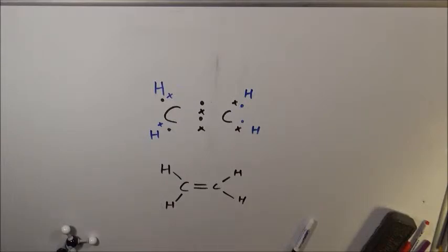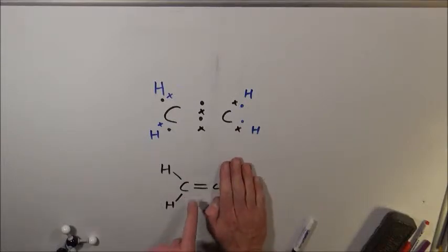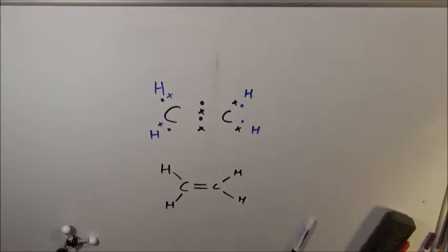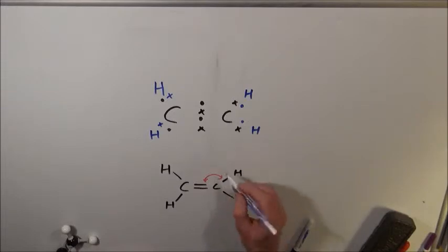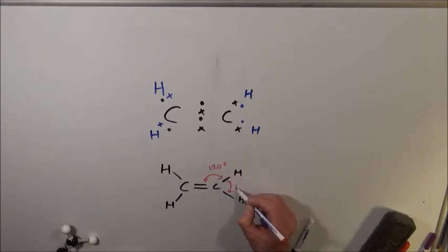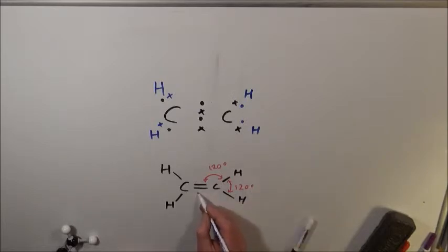You could say what's the shape around this carbon or around this carbon, but in either case you have three regions of electron density around the carbon, and so the bond angle is 120 degrees. Of course it's just the same around this one.